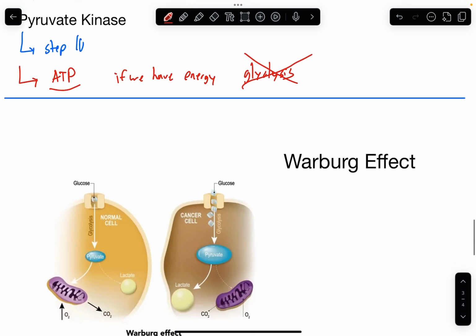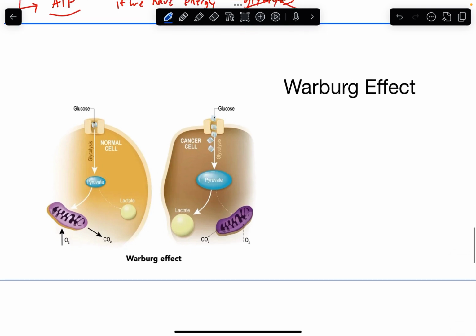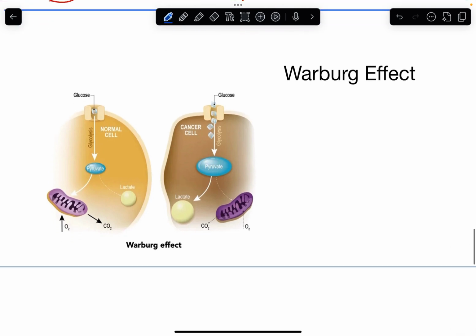Okay. All right, so there are some real world applications of glycolysis, obviously. And if the process is not running as smoothly as it should be, there are going to be issues. So one of these issues is the Warburg effect. The Warburg effect is found in cancerous cells, where glucose undergoes glycolysis.